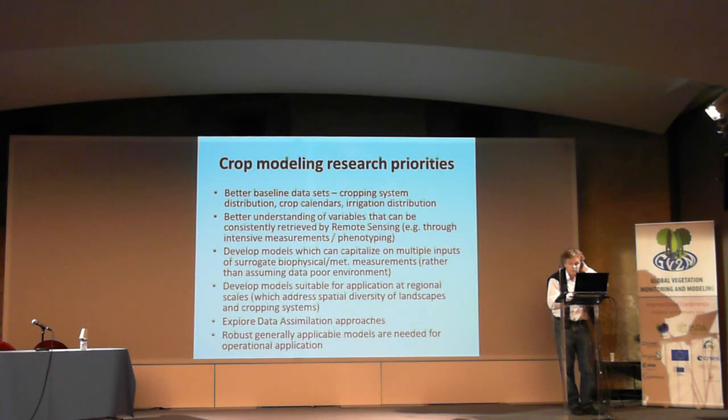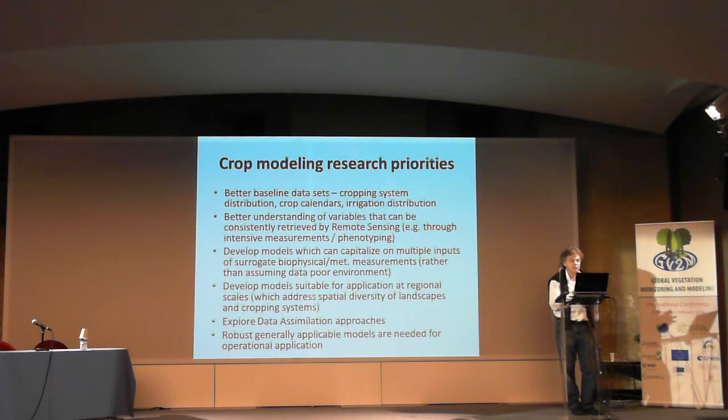We need to develop models which can capitalize on multiple inputs of surrogates in terms of biophysical and meteorological measurements, and we've seen a little bit of that in the presentations. Rather than assuming that the models are going to be working in a data-poor environment, where they have to stand alone. I think we're getting much more sophisticated at extracting information from the satellite data that we need for driving these models in terms of biophysics.